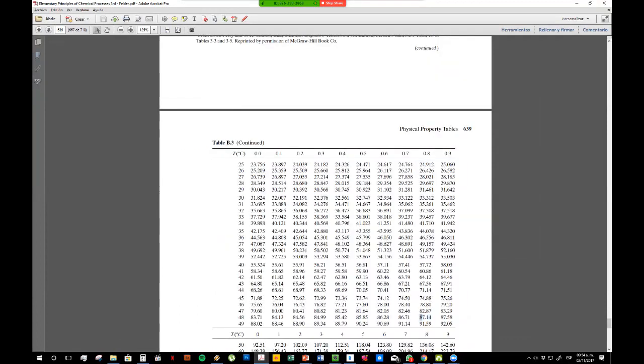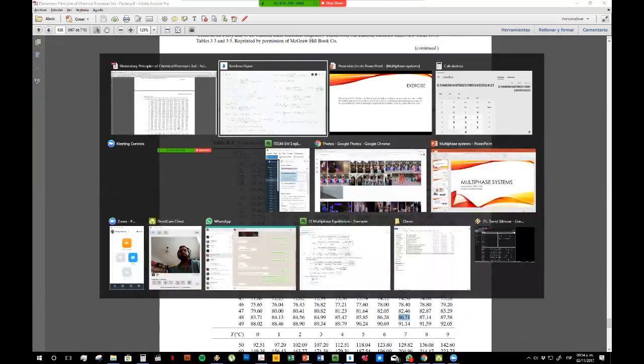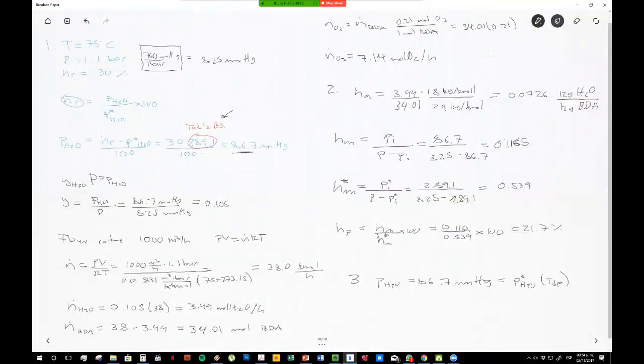Okay, so we have it, right? We have the value that we wanted, that is around 86.7. So 86.7 is exactly this value here. And that one, if we measure it, is 48.7 Celsius. So the temperature of the dew point is 48.7 Celsius.